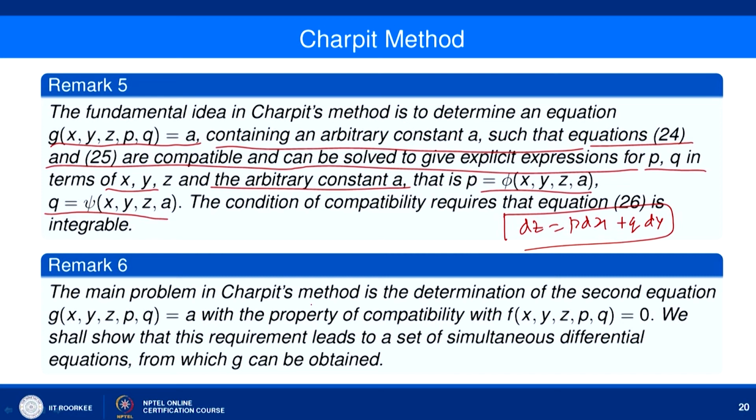So, the main problem in Charpit method is the determination of the second equation g(x, y, z, p, q) equal to a, having the property that it is compatible with f(x, y, z, p, q) equal to 0, and we will show that g and f are compatible with each other, which will give you an idea how to find this equation g.